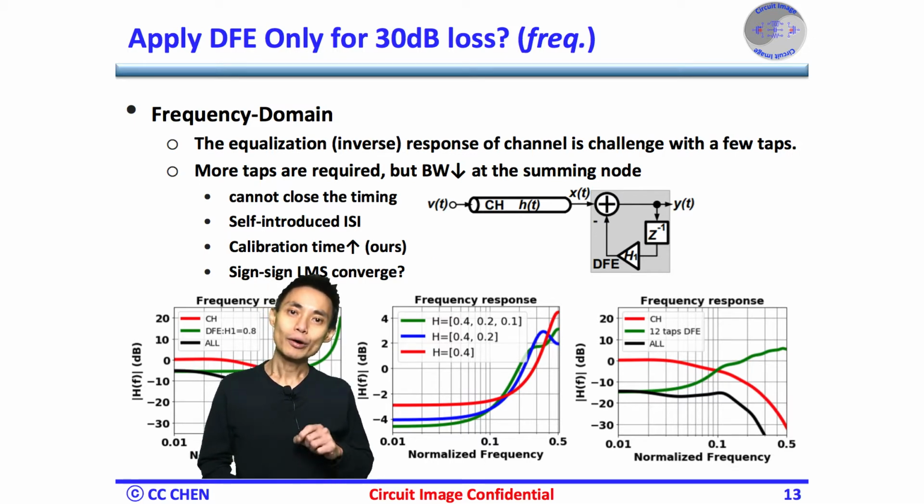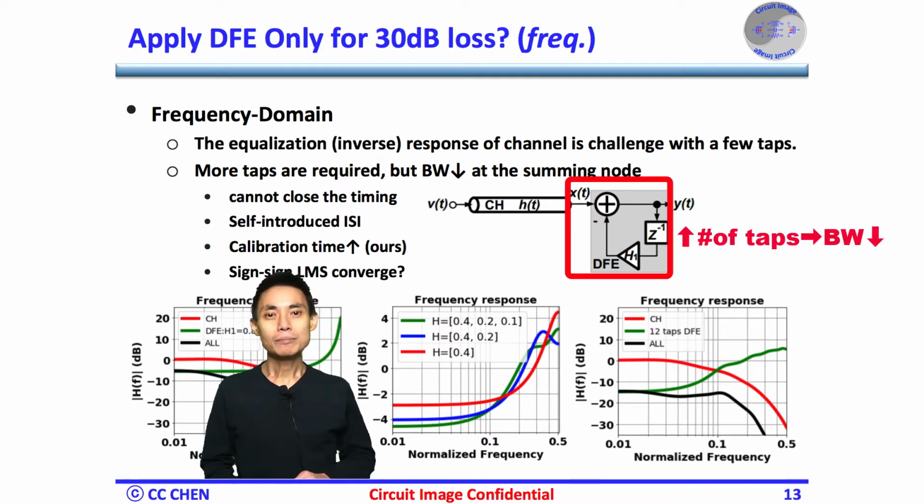If you are doing a crazy 12 taps, the response is much smoother to be the inverse of the channel response, which could be close to the CTLE response. But we still cannot equalize that well and still need the CTLE's help.